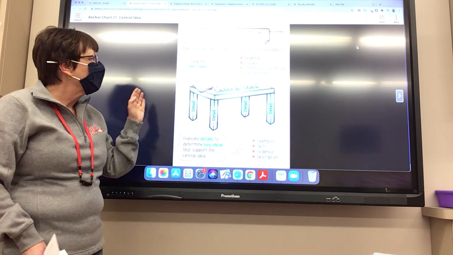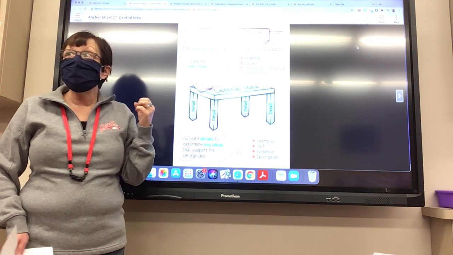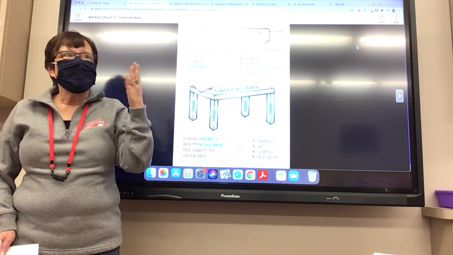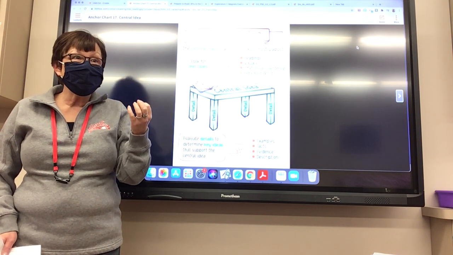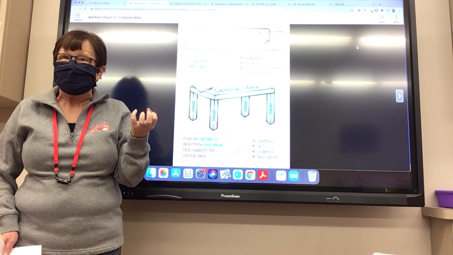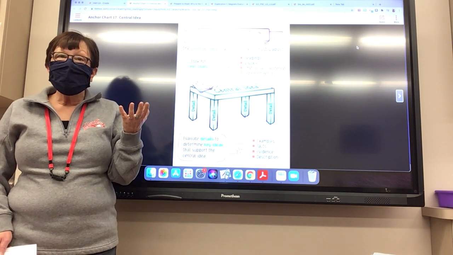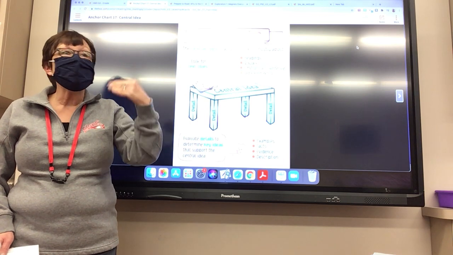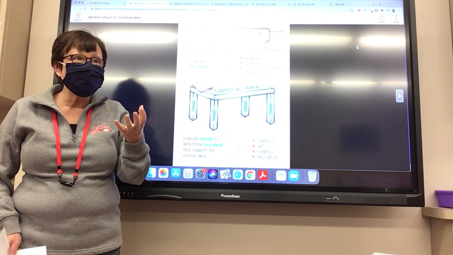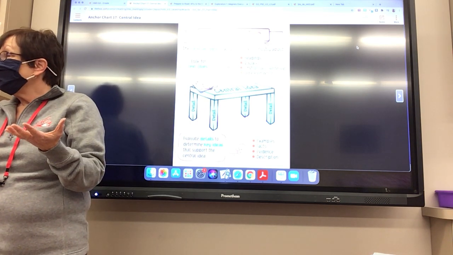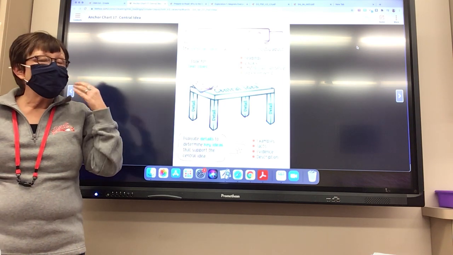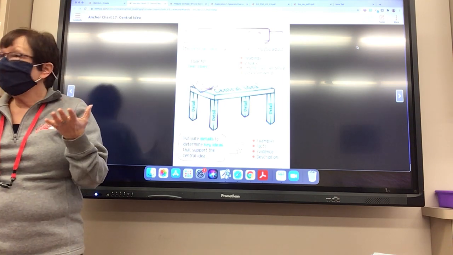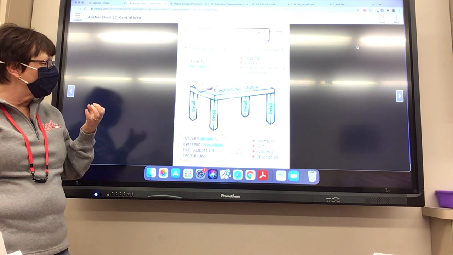And we look for repeated words in a paragraph, because if I was reading something and it kept using the same word over and over again, it would give me an idea that that is central to what I'm reading. That would be the central idea, boys and girls.